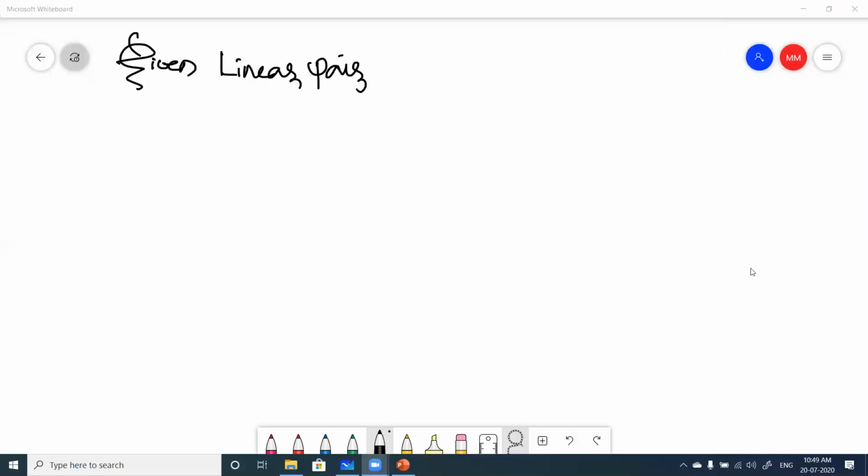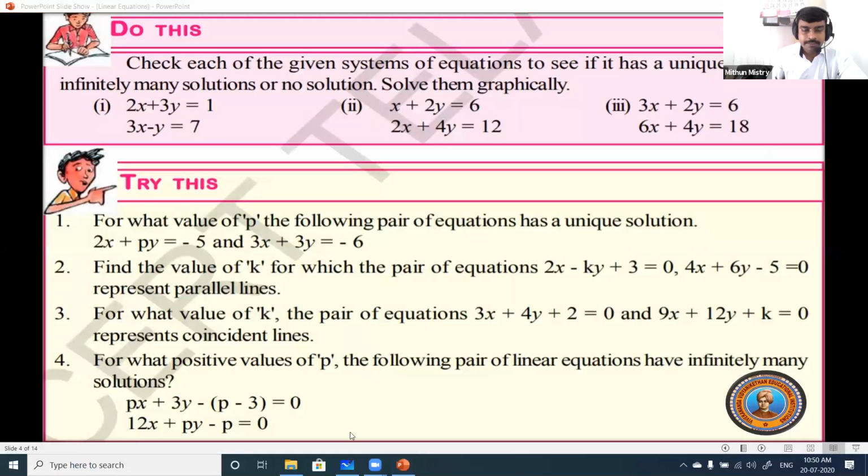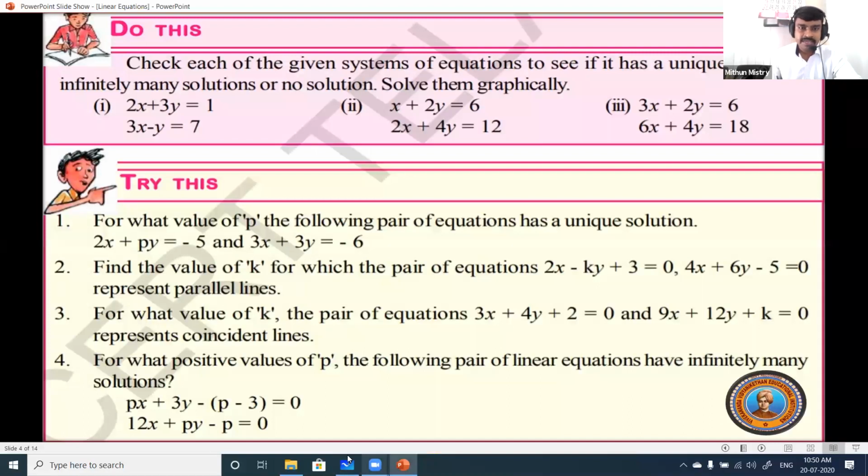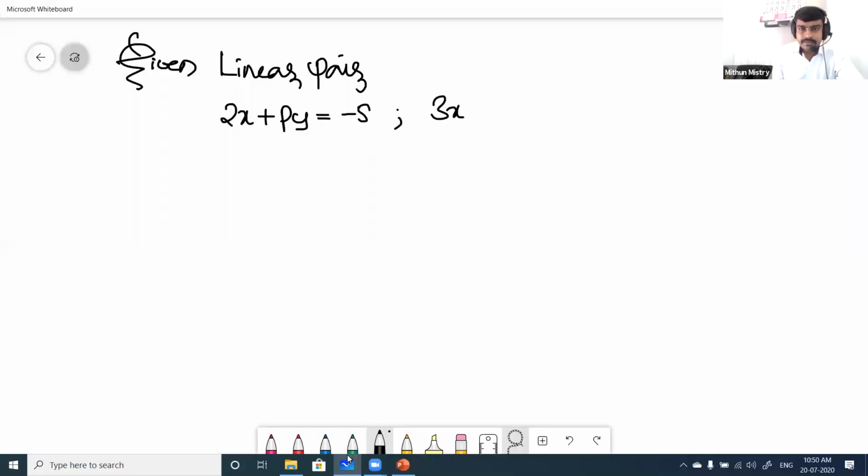I forgot what the linear pair is, I did not bring the textbook also. Given linear pair is 2x plus py is equal to minus 5, and write the next one here like this, keeping a semicolon. Next one beside. Why? You will understand. 3x plus 3y is equal to minus 6.